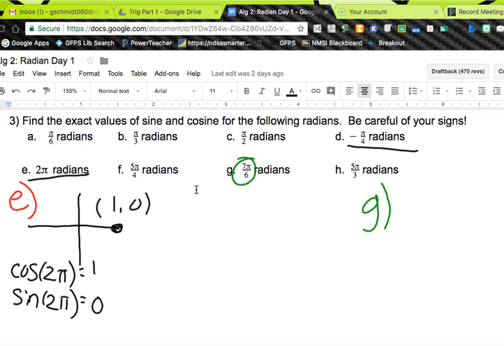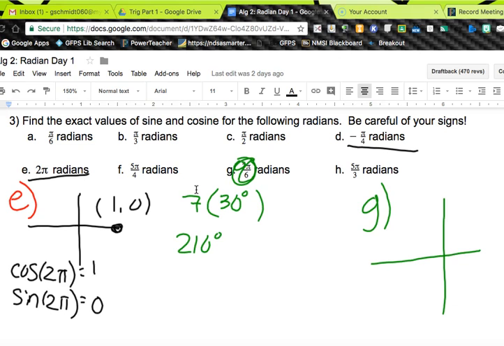So pi over 6 is how many degrees? 30. So that's 30 degrees. And the 7 pi tells us how many of those 30 degrees we want. 7. So what's 7 times 30? So the angle we want to work with is 210. So always look at the bottom number, see what your angle is, and then the top number tells you how many.